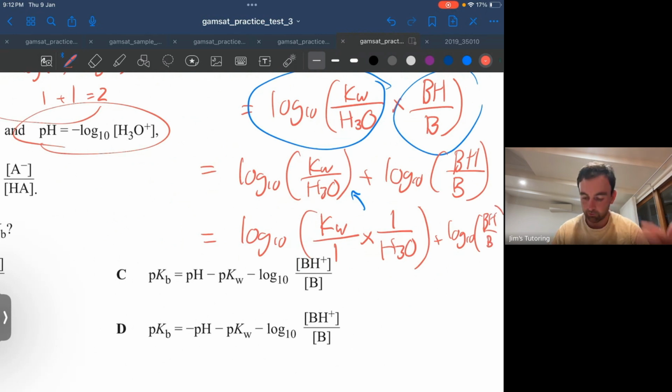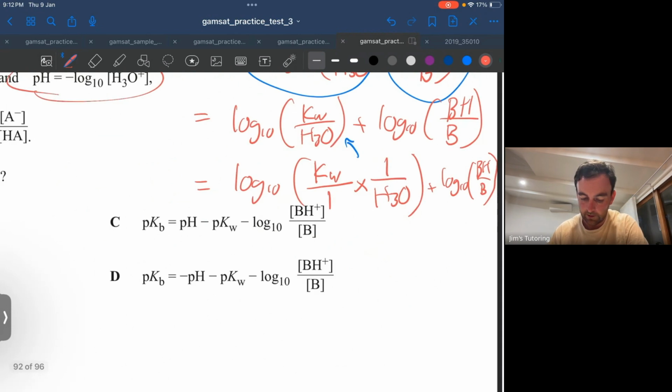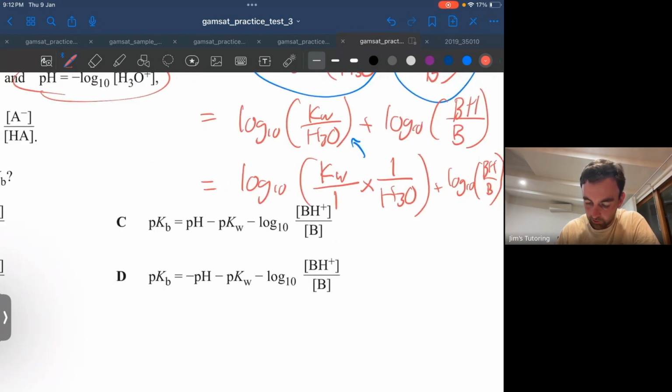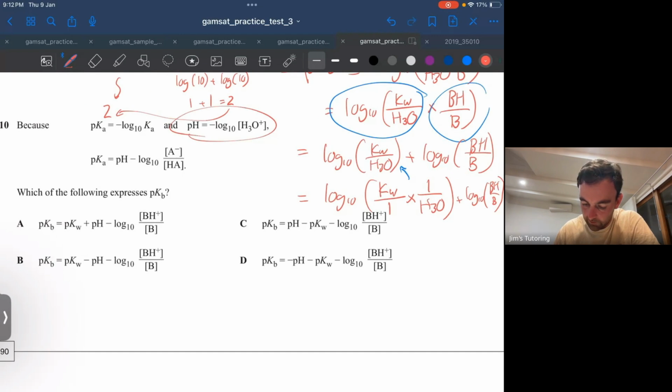So you see, it's really just a step-by-step process. What's my problem? How do I solve it? Because now, once I've got these as separate products, I can apply my log rule again, and I can separate them. So now I get log 10 of KW, because KW is just over 1.